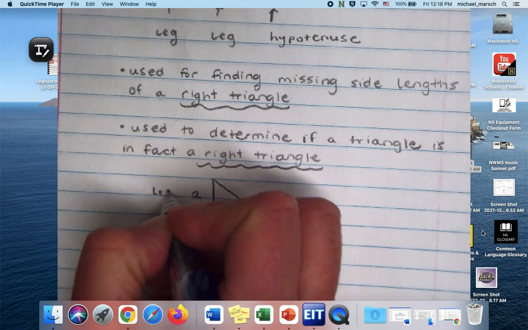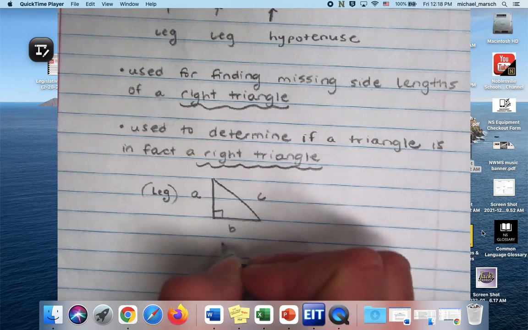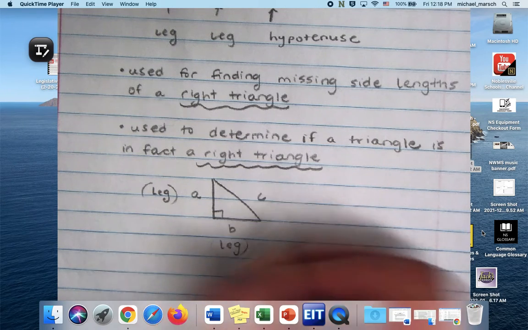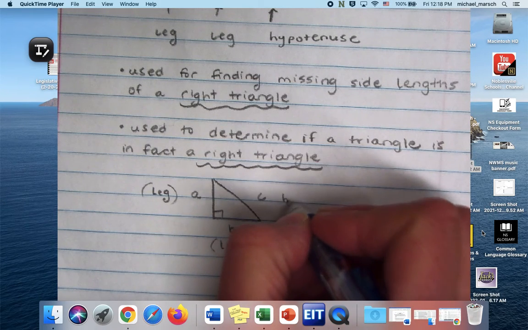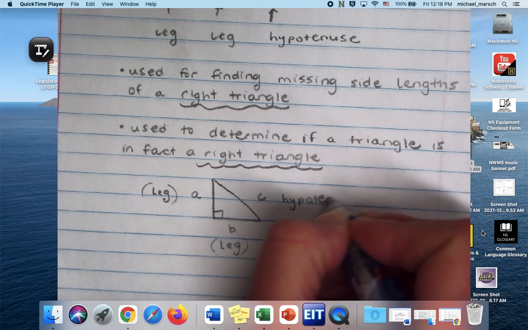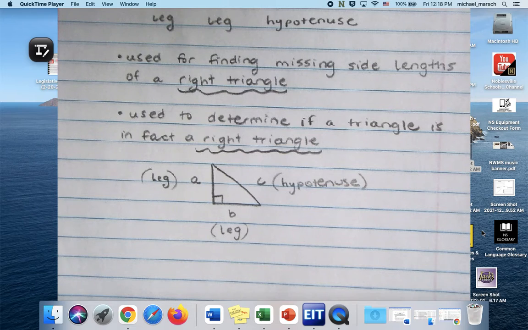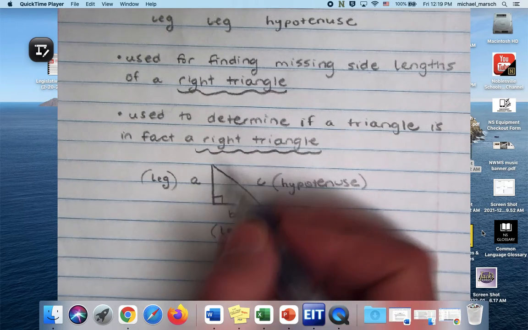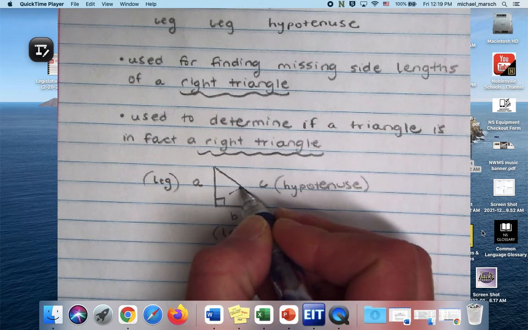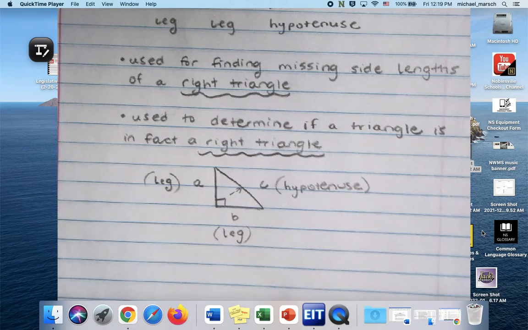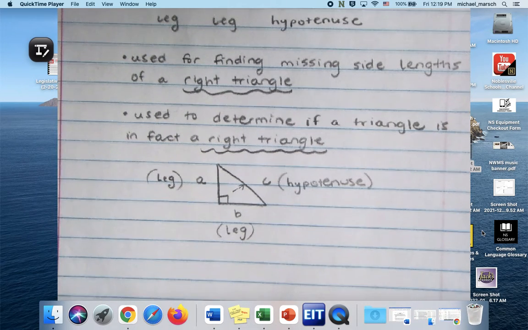So A is a leg, B is a leg, and then we said C is the hypotenuse. There was a trick from the video, so you should always know which side is the hypotenuse. Does anybody remember that trick? It's across from the 90-degree angle. Yeah, if you think of the angle as an arrow, it's pointing to the hypotenuse.